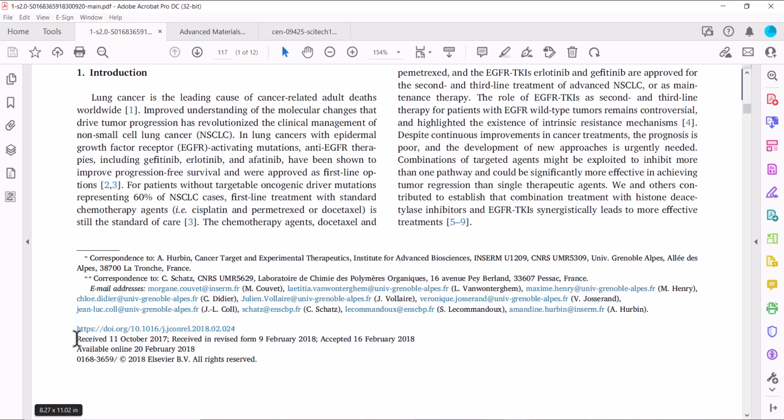However, I can see here that this article was received on such and such date, then it was revised, and the revised version was accepted later on. So I can actually tell here that this underwent peer review and was changed in response to the peer review.